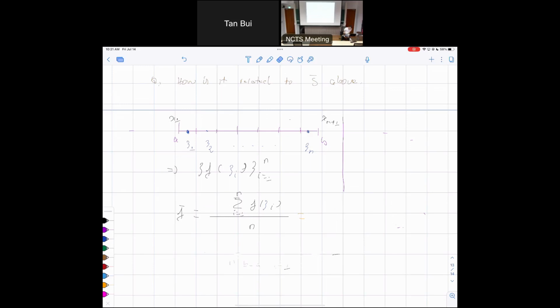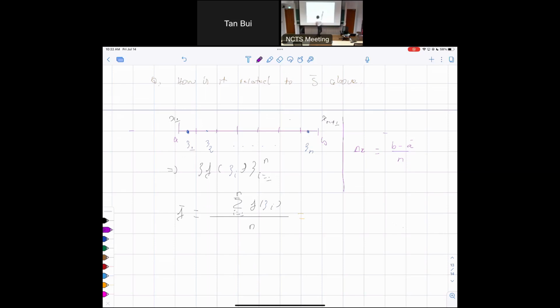This is much cleaner. Therefore delta x is equal to exactly b minus a over n, because we have n subintervals. Everybody okay with that? I'm going to take the average of f because I know f at these n points.